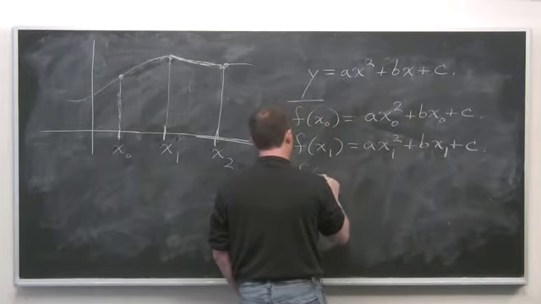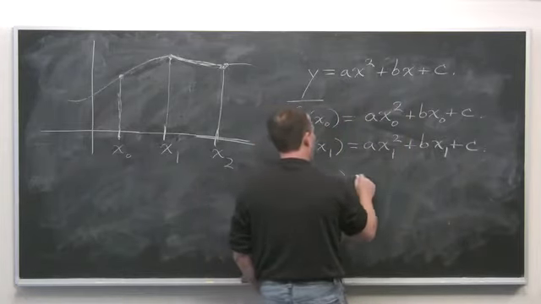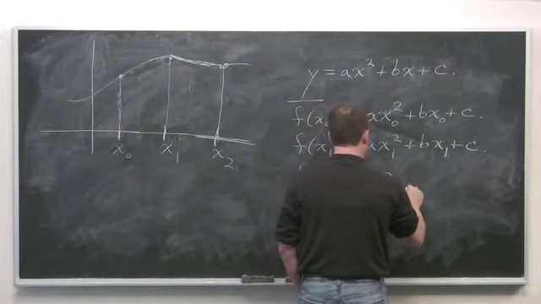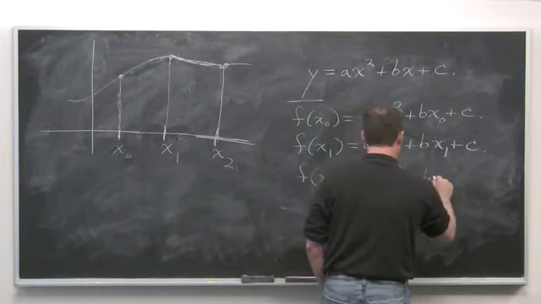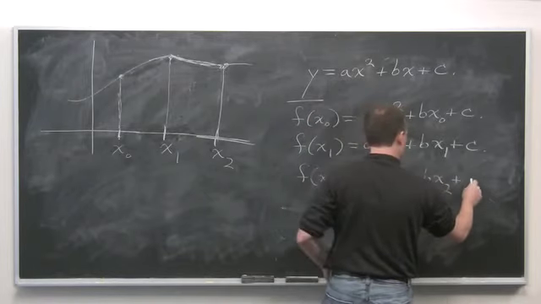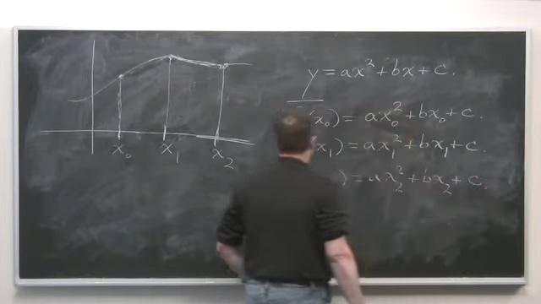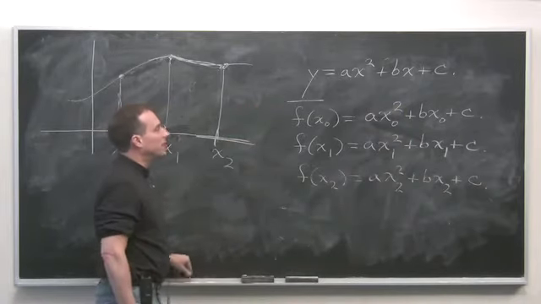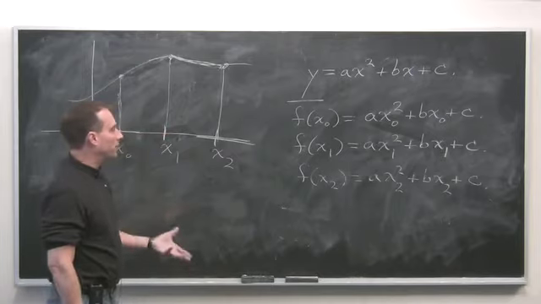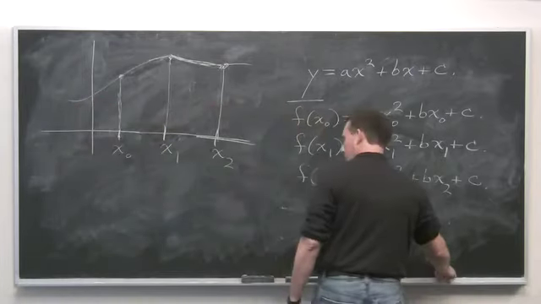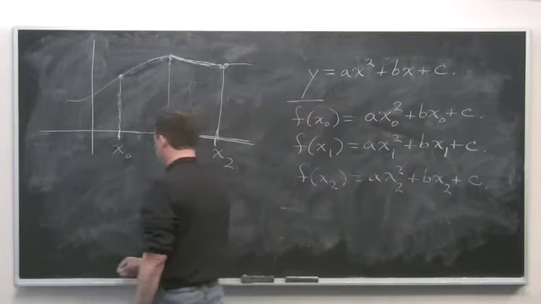But you can find one parabola, or possibly line, that contains those 3 points. The points would have to be collinear for the A to come out to be 0 so that you get a line. But you solve these 3 equations for the 3 unknowns A, B, and C, and that gives you one parabola that of course depends on x0, x1, x2, and f of x0, f of x1, f of x2.